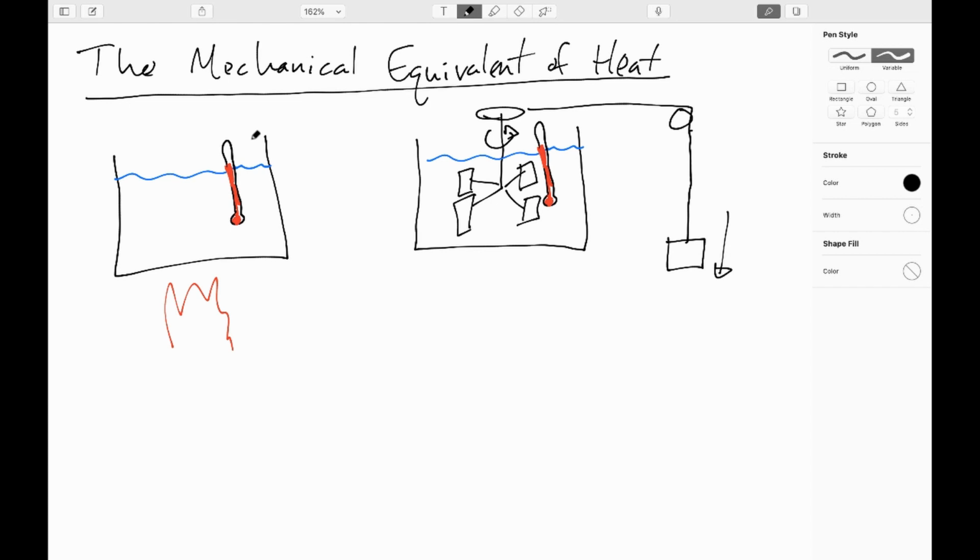But it took quite a while longer for people to realize that these heat transfers were really causing exchanges of thermal energy, the random motion associated with individual atoms and molecules.